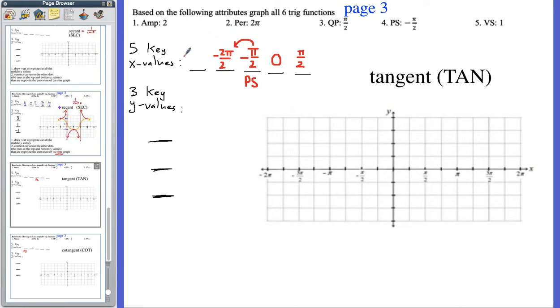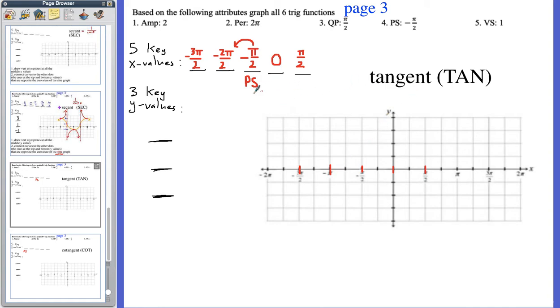Then I subtract it one more time, and I get negative 3 pi over 2. So that's how we get our x values for a tangent curve. Same concept, it's just we're subtracting left on the number line rather than adding to the right. Okay, so negative 3 pi over 2, negative pi, that's our negative 2 pi over 2, negative pi over 2, 0, and pi over 2. So those are our 5 key x values for this tangent curve.